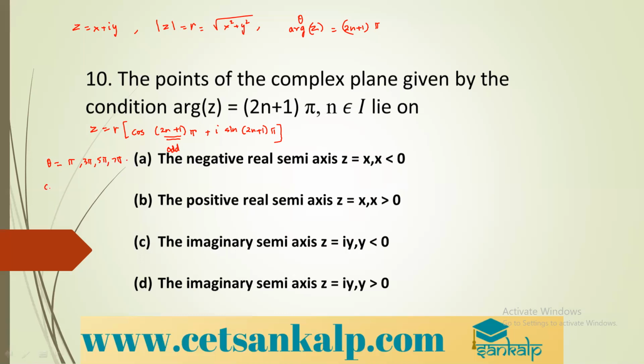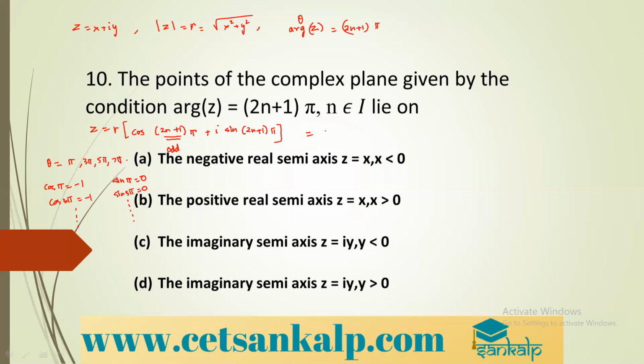So when you take cos pi, it is minus 1. If you take cos 3 pi, that is also minus 1, and so on. Similarly, if you take sine pi, it is 0. If you take sine 3 pi, it is 0, and so on.